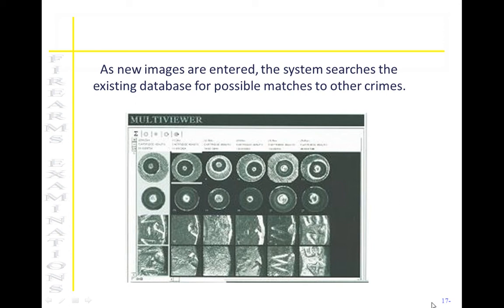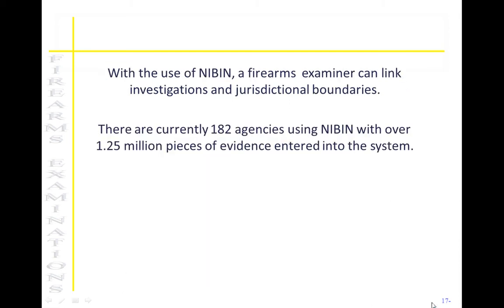The database itself collects a lot of images, and then they can be matched to possible crimes. With the use of this database, the firearms examiner can link investigations across jurisdictional boundaries. There are currently about 182 different agencies that use the database, and there are currently over 1.25 million pieces of evidence that have been entered into this system.